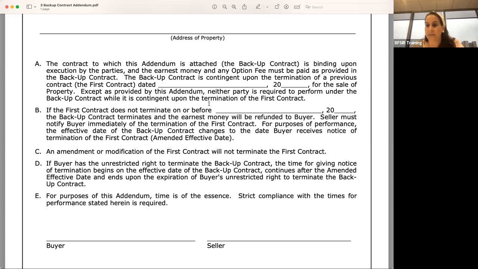And the seller was unhappy with the terms of the backup because they didn't really negotiate it as hard as they would have if they knew it was going to become the first one, or they got another offer when they had a backup in place. And the second offer, I guess the third offer, was even better than the backup, but the backup's in first spot. Does that make sense?